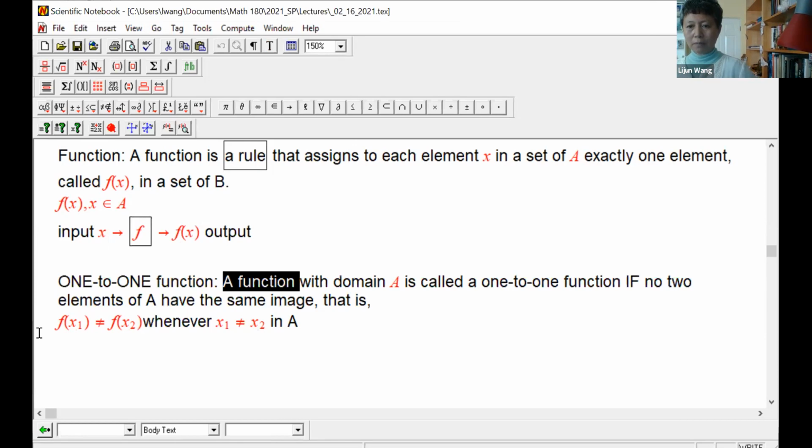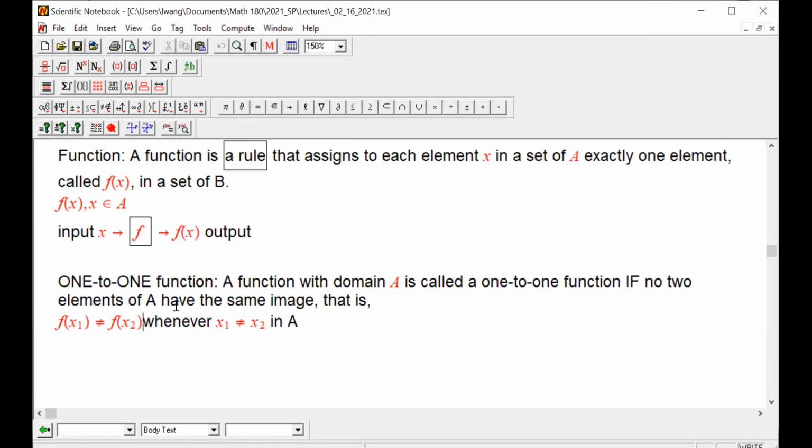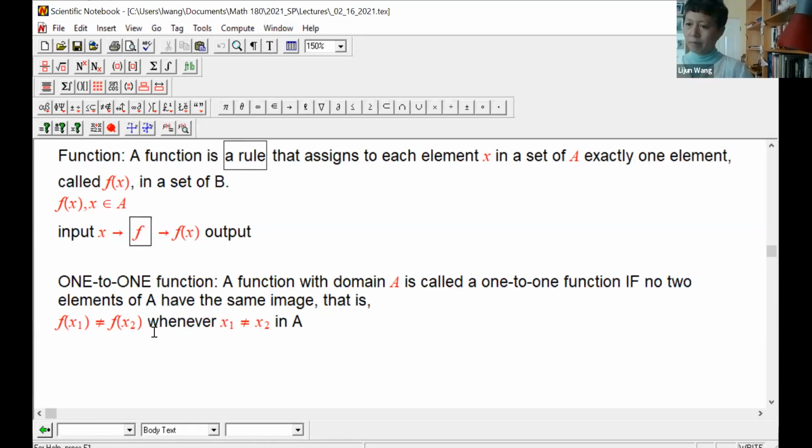Do you guys understand that? Yes. And what is this additional condition? Two different inputs can't have the same output. There's a word, whenever. Whenever means that for any two inputs, if the two inputs are different, their outputs must be different as well.